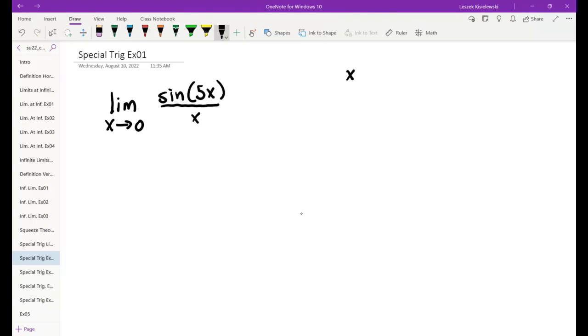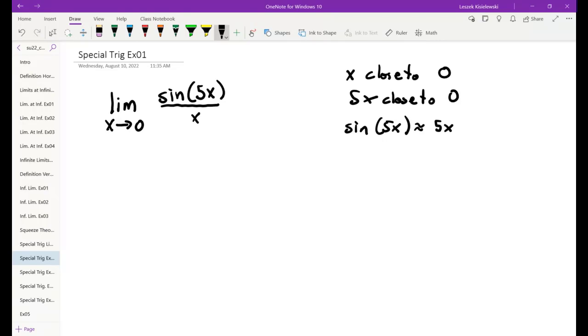Since x is close to 0, 5 times x is also close to 0, right? So using our engineering approximation here, sine of 5x will also be close to 5x. Whenever the argument of sine is small, close to 0, that's something we can look at to get a sense of what's going on.